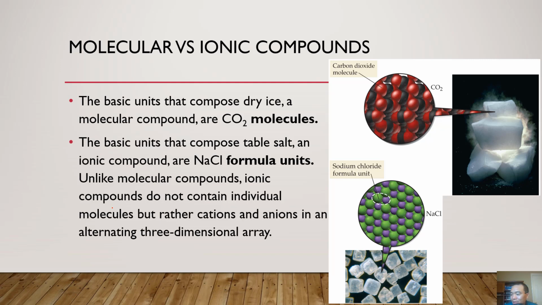Let me give you a few more examples. For example, what kind of compound is this? First, we realize that's a compound, not an element, because you have 1, 2, 3 different elements. So that must be a compound. And then you notice that potassium, K, is a metal, and the other two are nonmetals. So metal plus nonmetals means this is ionic.